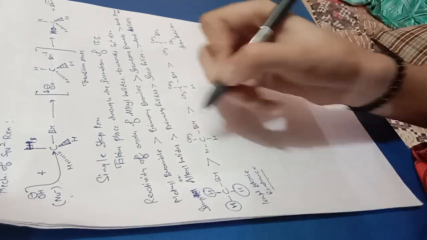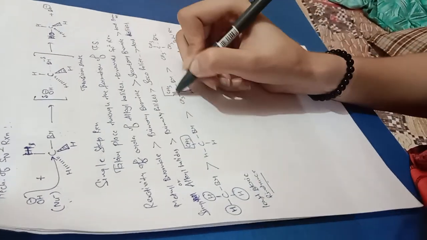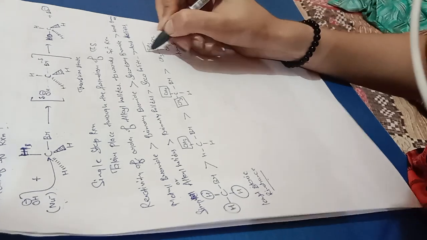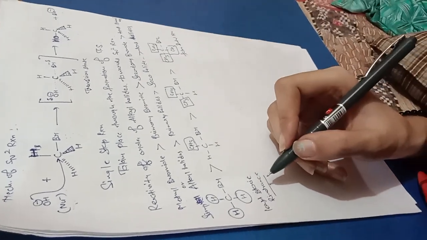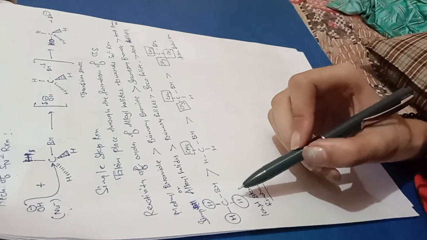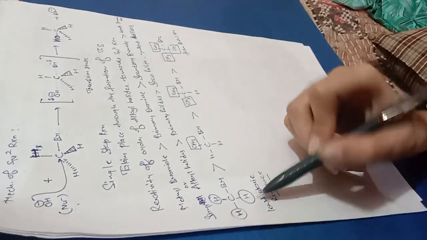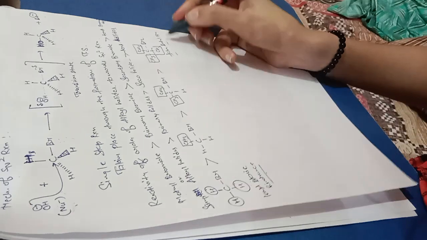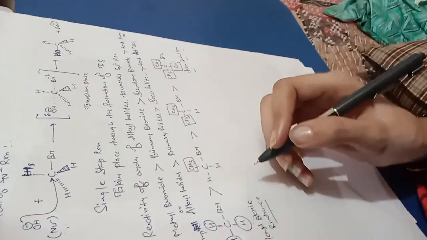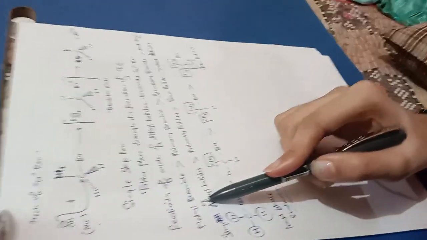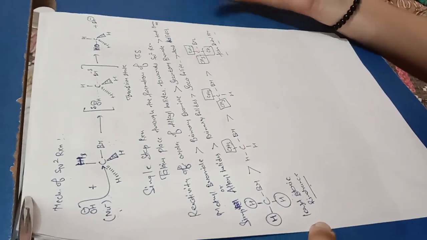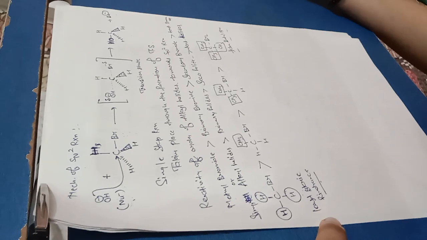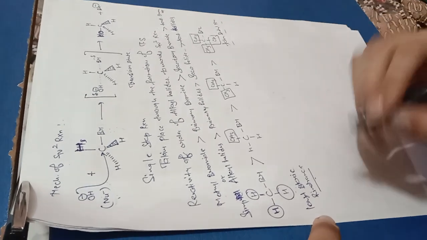There is no bulky group, there is only 1 bulky group, there are 2 bulky groups, there are 3 bulky groups. So the attack of the incoming nucleophile will be easiest in the case of methyl bromide as compared to tertiary butyl bromide. So the reactivity of methyl bromide is greater than that of tertiary butyl bromide, or you can say tertiary halides. Okay, this is all about that.